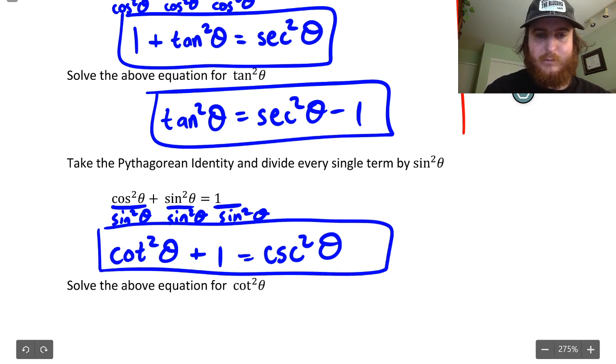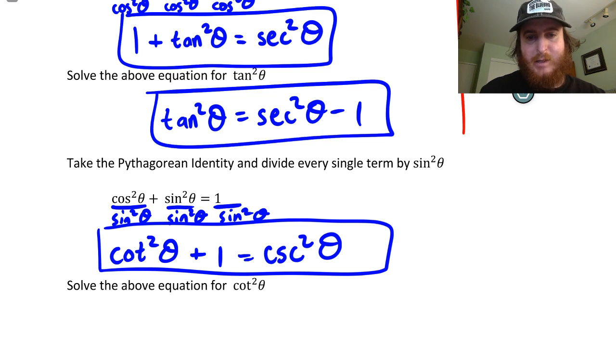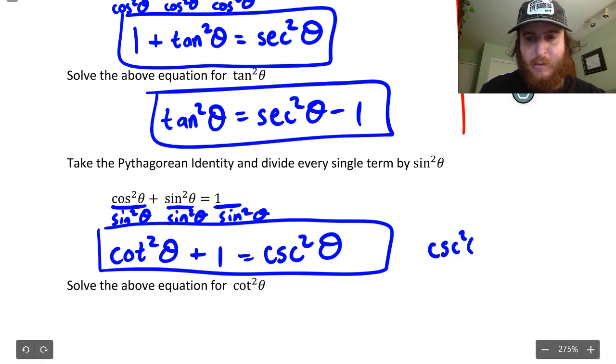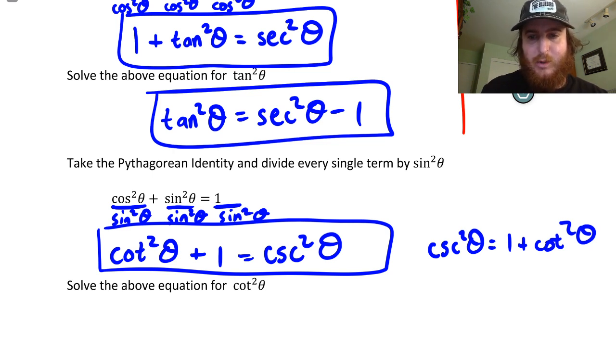All right, and sometimes you'll see these written, they might want to isolate for cosecant. So they might just write it the other way. They might write cosecant squared theta equals 1 plus cotangent squared theta, right? Or cotangent squared plus 1. But basically, they're just switching the sides. You can always do that, right? They just put the left side first.